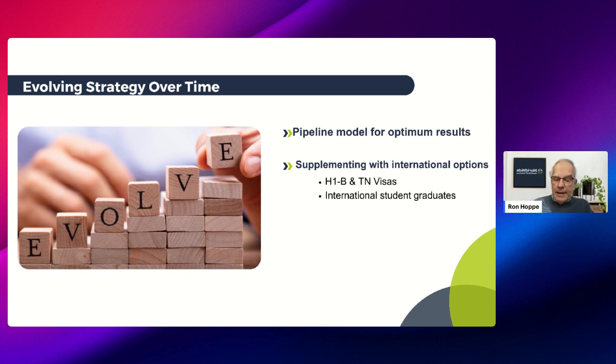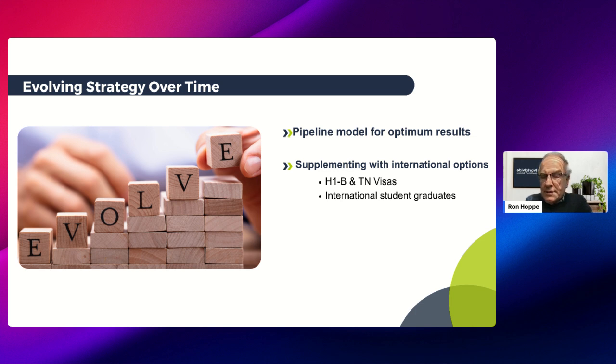And then again, just as I commented on a moment ago, evolving your strategy over time, developing a pipeline model for optimum results. When we're talking about international nurse recruitment, we're talking about individuals that will arrive in the United States as permanent residents, aka green card holders.